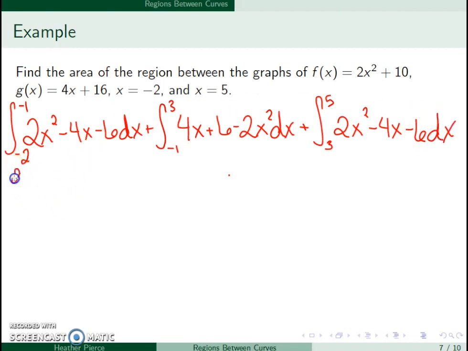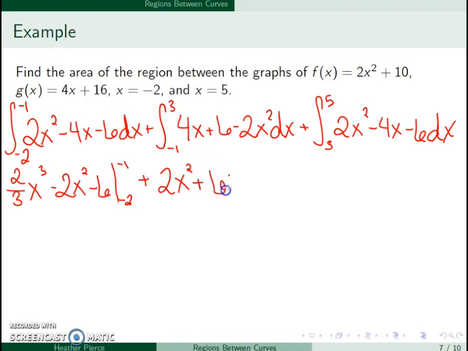So when we integrate this, I would get 2/3 x cubed minus 2x squared minus 6x, taken between negative 2 and negative 1. I get 2x squared plus 6x minus 2/3 x cubed, going between negative 1 and 3.